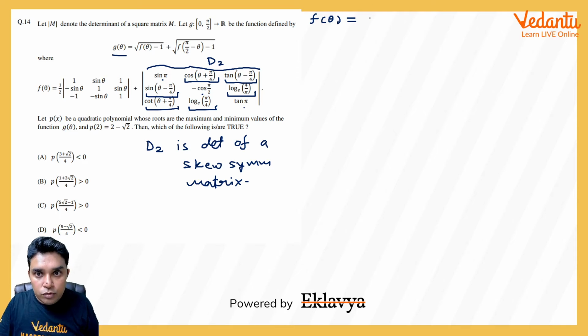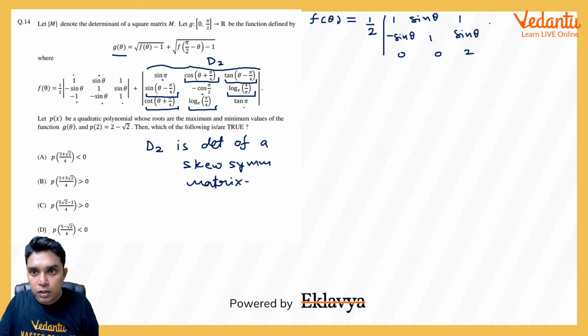So we just have to solve the first determinant. And here also you can check the first row has 1, sine theta, 1 and the last row has 1, minus sine theta, 1. So if I add my first row into the third one, you will get 2, 0, 2 in one of the rows. So here we will get 0, here also we will get 0, and here we will get 2.